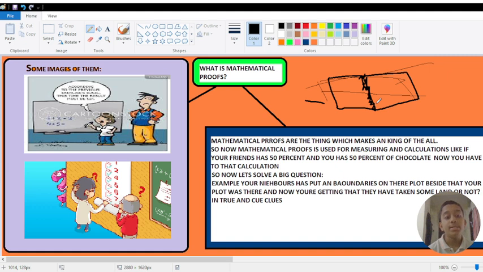You are saying this just by seeing, not by doing mathematical proofs. By seeing, you go to the neighbor, shouting at them and accusing them that you have taken my land. So in the result, if they do the mathematical proofs and the answer comes out wrong, your land will shrink, and they will take more land from your side.